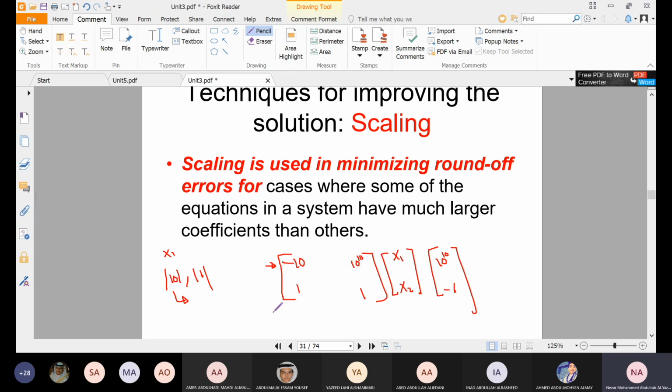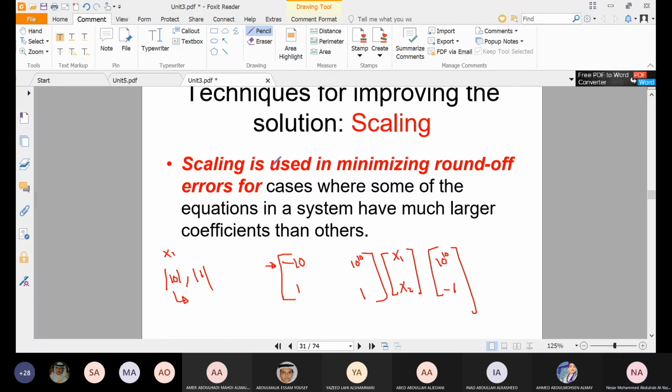But actually, ya shabab, if we look at the scale or the ratio between the 10 here and the other numbers here, for example, this is 10, but here this is 10 to the power 10. Here we also have 10 to the power 10. So that means this coefficient, if we compare it with the other coefficient in the same equation, is very, very small, and it is almost equal to 0, near 0.